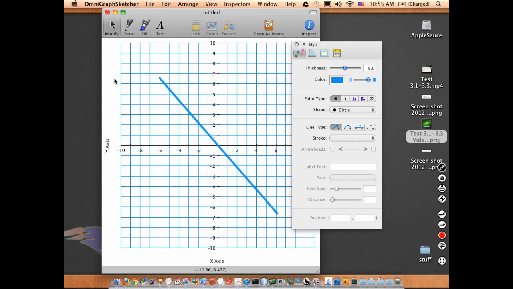Since it doesn't matter which point you start with, if I started right here and then went down, I would have a negative rise, wouldn't I? But then I'd have a positive run. But if I rose up, I'd have a positive rise and a negative run. So either way you calculate it, this has to have a negative slope, because either the rise is going to be negative or the run's going to be negative. Okay?